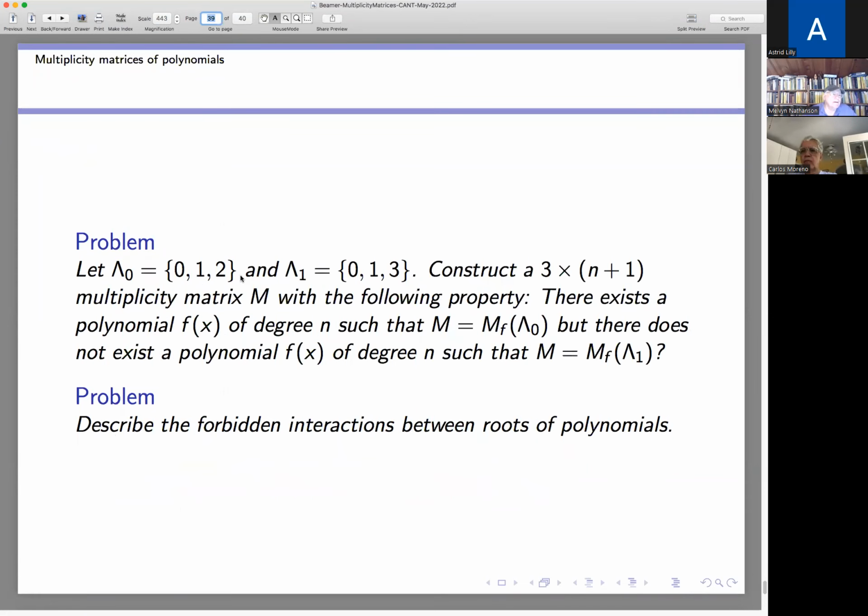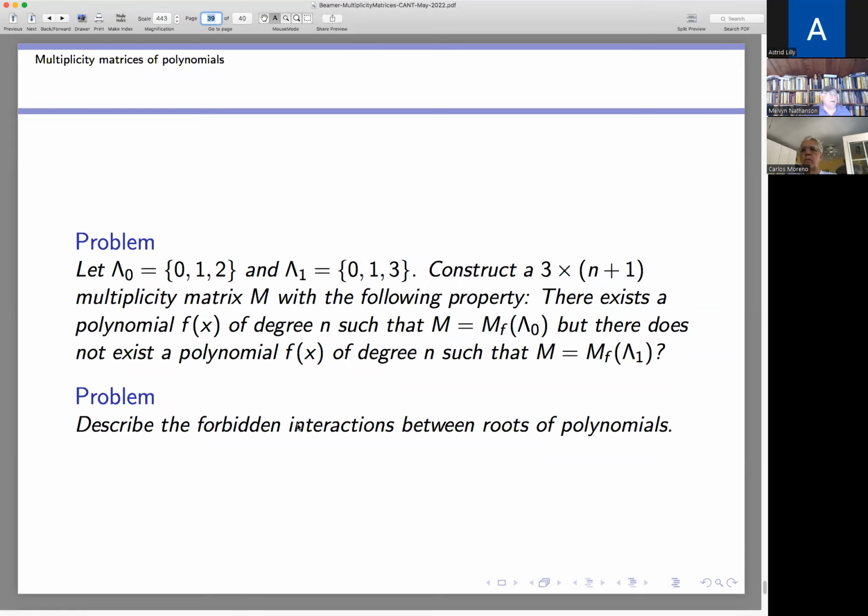Suppose I take these sets of numbers 0, 1, 2, and 0, 1, 3. Can you find a multiplicity matrix with this property? There is a polynomial of degree n for which the matrix is the multiplicity matrix with respect to 0, 1, 2, but not 0, 1, 3.